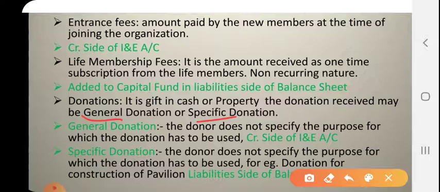If the purpose of the donation is specified, it is called a specific donation. The treatment for both is different. General donation, because the purpose is not specified, we take into the credit side of income and expenditure account. And if the donation is for a specified purpose, suppose a donation for construction of building, we are going to show this in the liability side of the balance sheet.